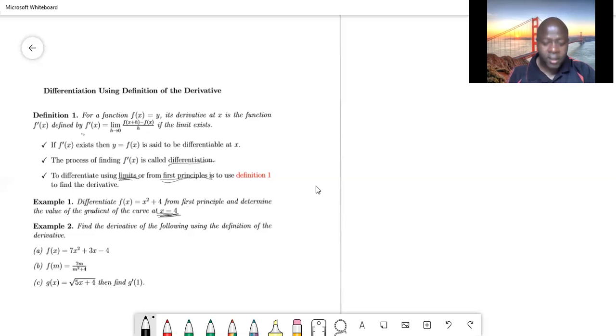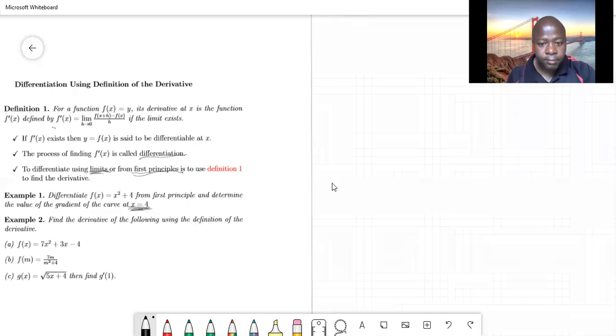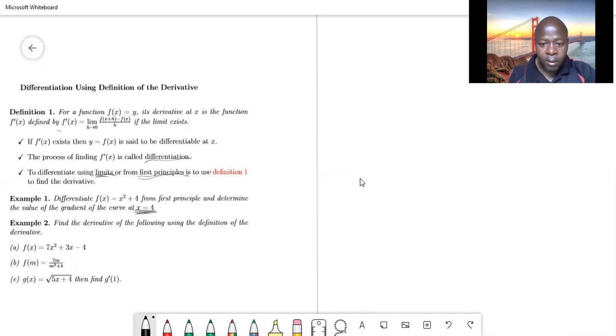So first things first, we differentiate by our definition, and that is part A. Part A, we're supposed to get the derivative of f of x. Example 1, f of x equals x squared plus 4, and we have been told the method to use.